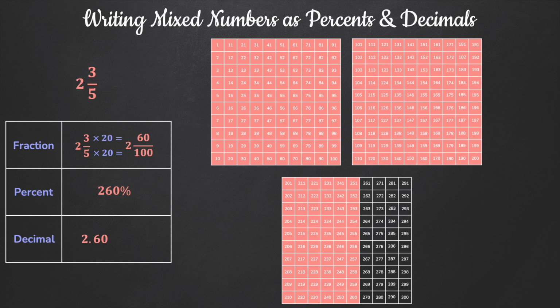As a decimal, that would be 2 and 60 hundredths because we have 2 whole grids shaded in. And then we have 60 of our additional grid shaded in. So that is 2 and 60 hundredths. Or we could say 2 and 6 tenths because we could drop the last 0. And these two decimals are equivalent.